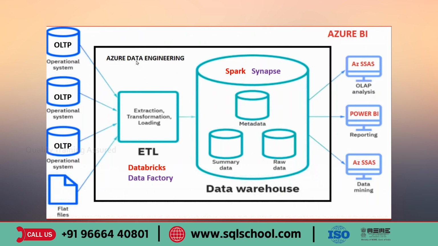We are concentrating on ETL and warehouse, the main backbone for a BI platform. This engineering can be implemented either in Azure cloud or Fabric cloud in Microsoft. So we have the Azure data engineering certification and the Fabric engineering certification, two different certifications from Microsoft.